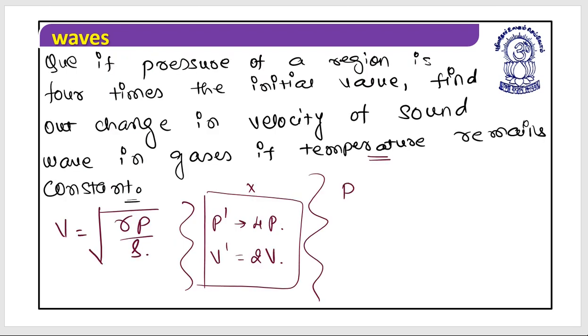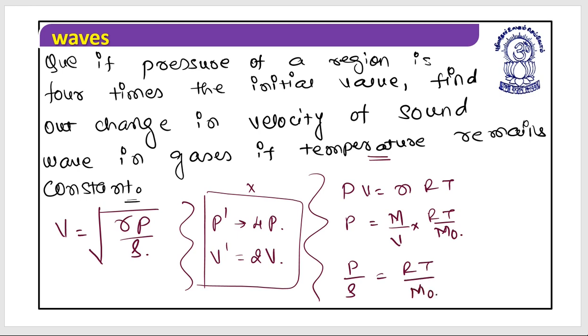We have the relation PV is equal to nRT, and from this P is equal to M by V into RT by M naught. So P by density is equal to RT by M naught. R is always constant, M naught is always constant, and even T is constant, because they mentioned that temperature remains constant. So this P by density is constant.